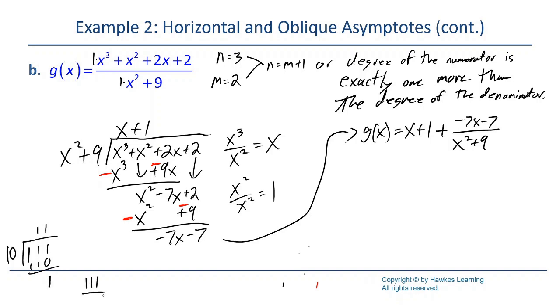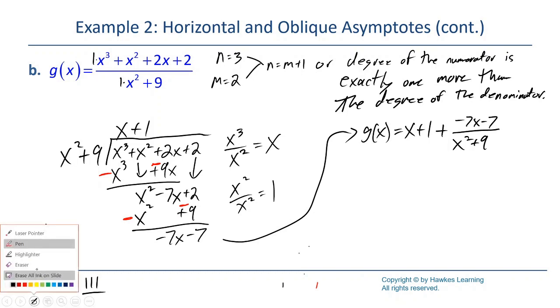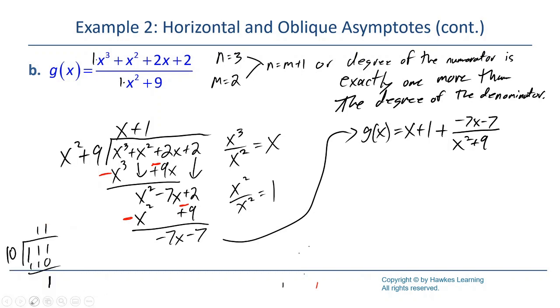So 111 divided by 10 is equal to 11 plus 1 over 10, which would be 11.1, which you know that would be true regardless.